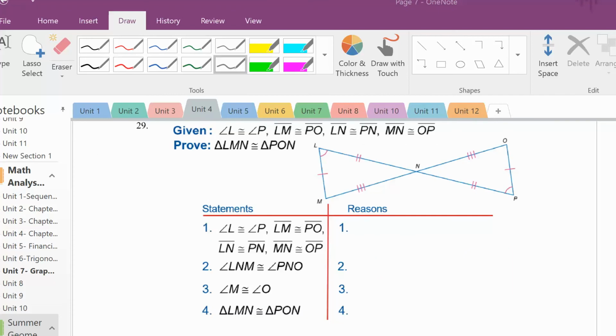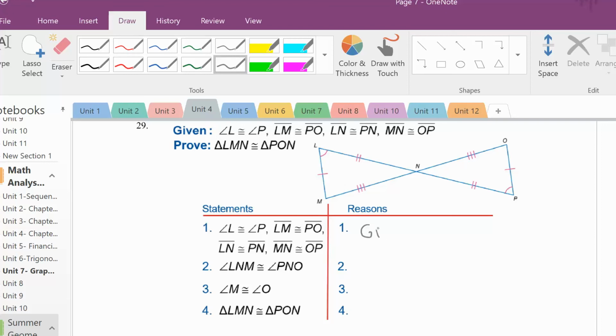All right, so the next one is a proof, and the first thing it wants to prove is that the two triangles are congruent, LMN and PON. So it says angle L is congruent to angle P, LM is congruent to PO, LN is congruent to PN, and MN is congruent to OP.